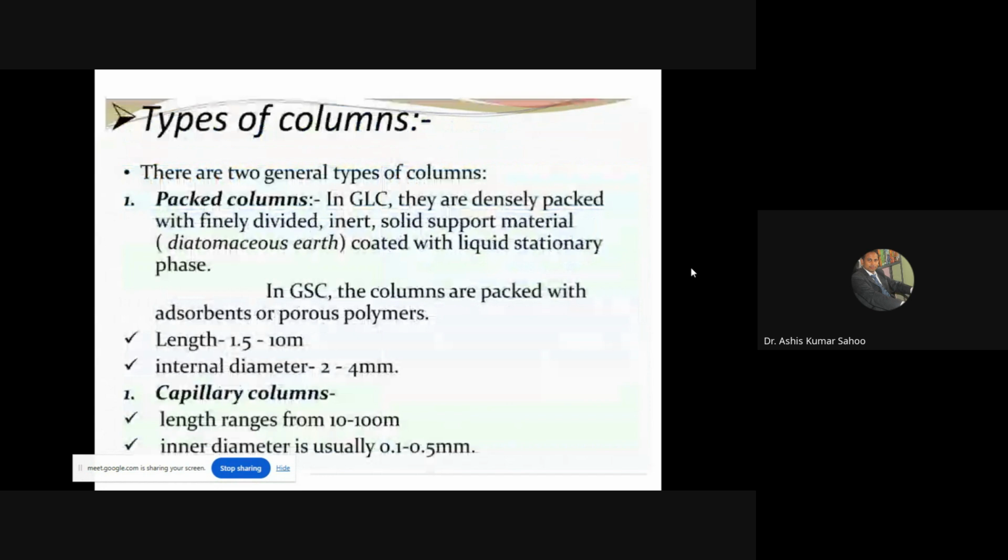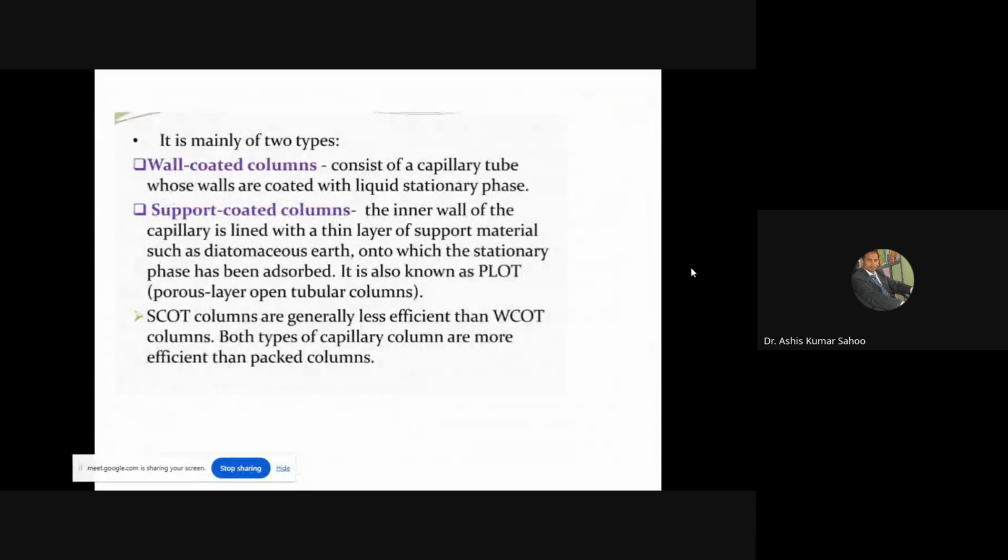So what are the types of columns that will be taken in gas liquid chromatography? Packed columns. They are densely packed with finely divided inert solid support. In GLC, the columns are packed with length 1.5 and internal diameter in millimeters. So these are packed columns.